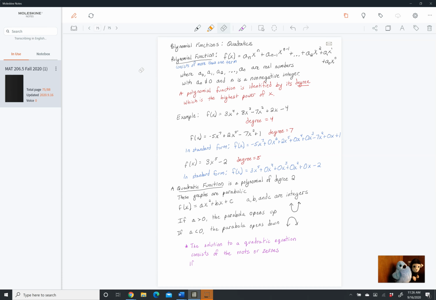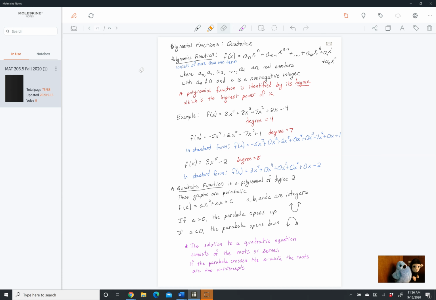If the parabola crosses the x-axis, the roots are the x-intercepts. So it's the x values where you cross the x-axis, okay, wherever you hit the x-axis.